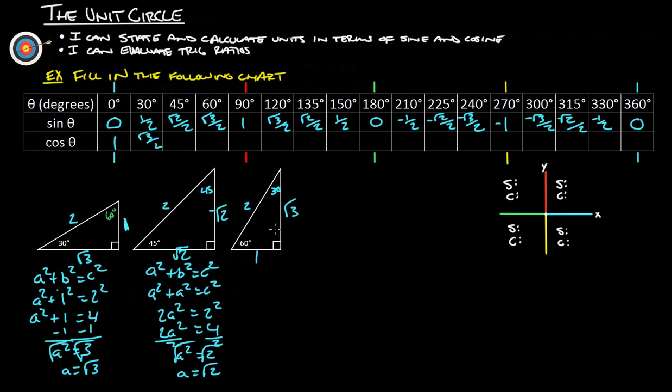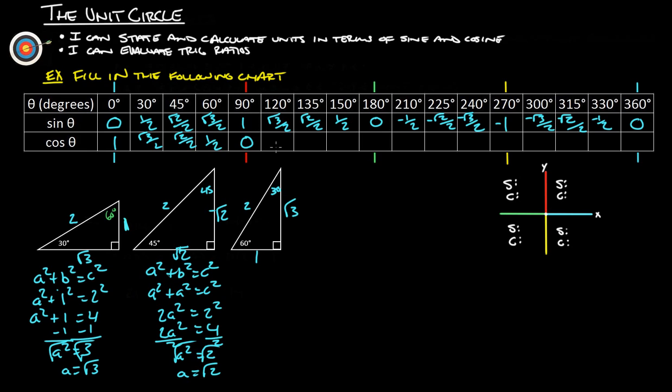And then on the 45, it's root 2 over 2. And on the 60 here, we've got 1 over 2. And then all the way up here, this adjacent side is 0. There's nothing there. It's 0 over 1, which is just 0. Okay, and now we've reached our reflection point.